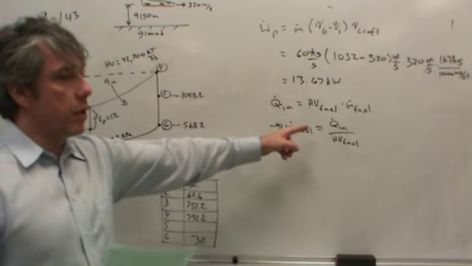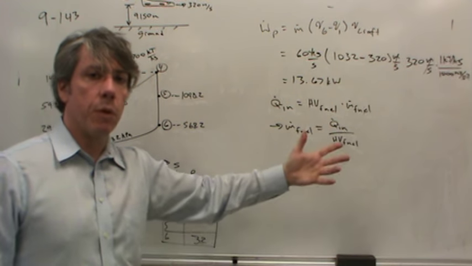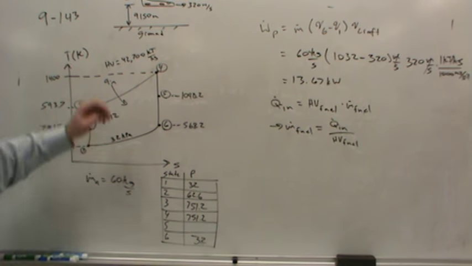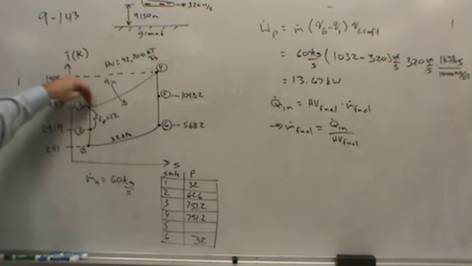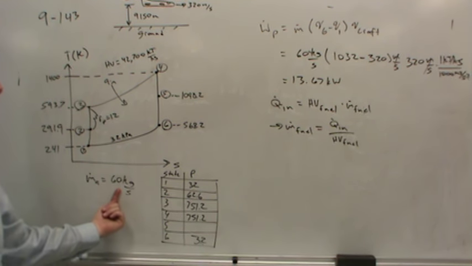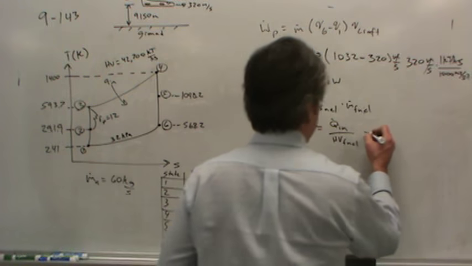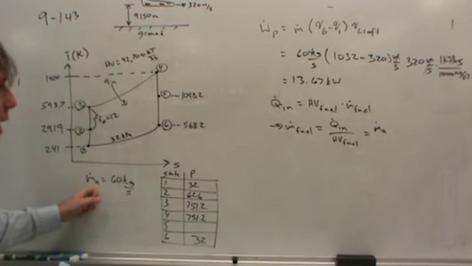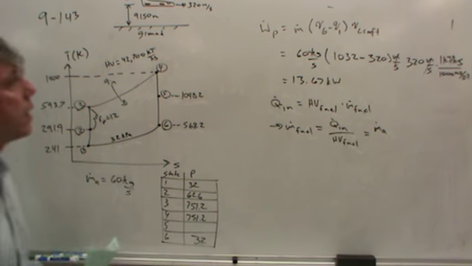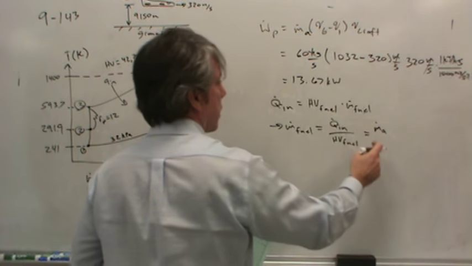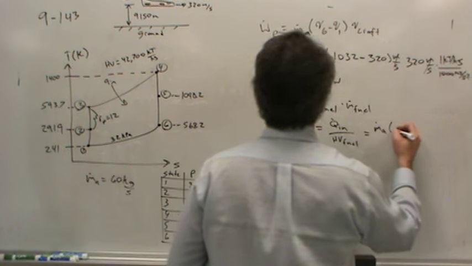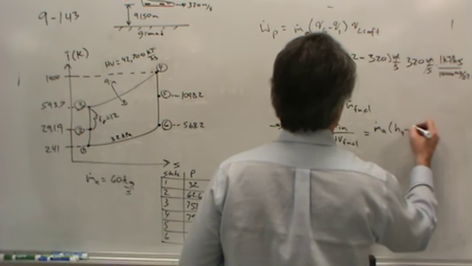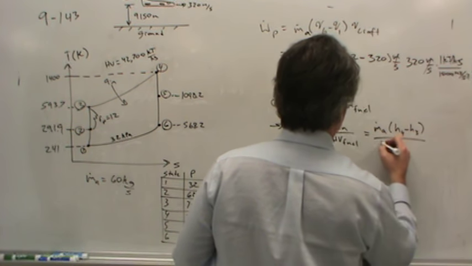Now, what about Q dot N? How can we get that? Well, what does the fuel do? It heats up air, right? It takes the air from state 3 to state 4 at a rate of 60 kilograms per second. So do you see that this is just the mass flow rate of the air? Let's make a little A as a subscript, multiplied by the enthalpy change to state 4 from state 3.